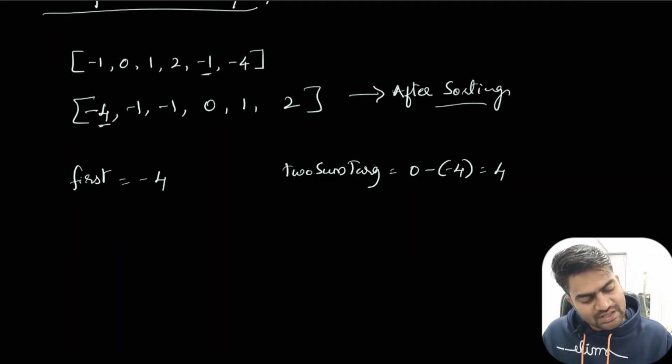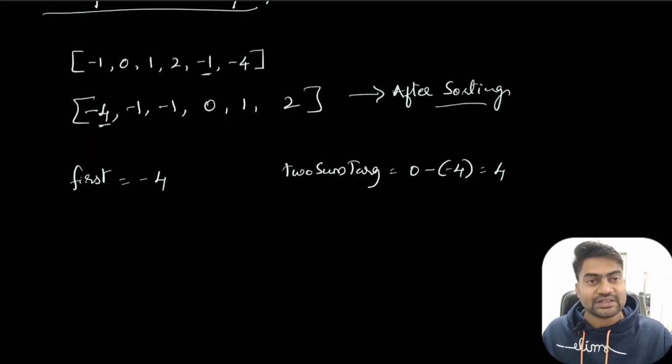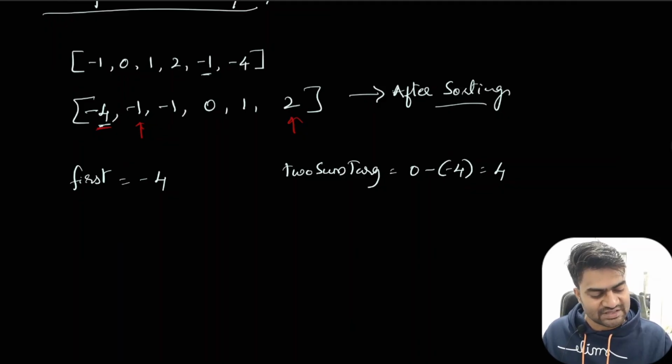Now to use the two-pointer technique, we want to place two pointers. This is our first number, and then we will try to process the remaining elements. So we will put two pointers. I will take my left pointer.